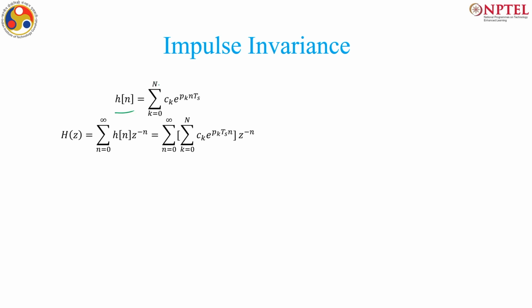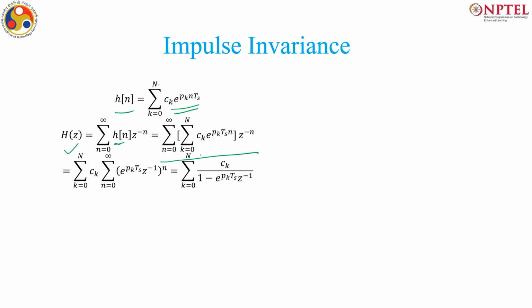There are, say, n poles, so we will go up to n. The next thing is that we will use the formula for Z transform. Here we will plug in this value of h n to get this expression, and just arranging, I take out the C k outside, and this term is basically an infinite GP series. So, this can be evaluated to 1 by this thing, right, and this C k is the factor.